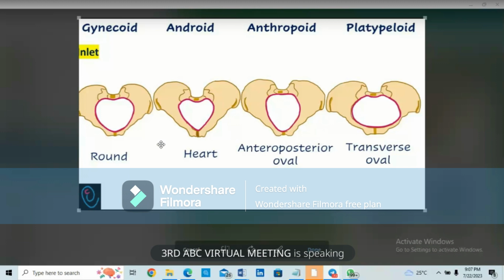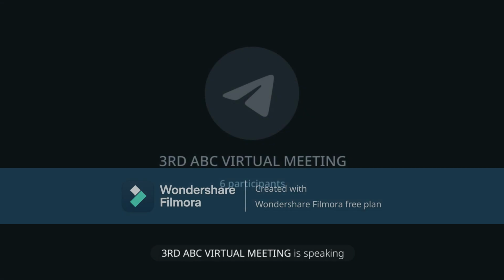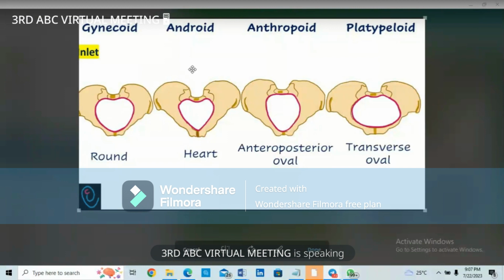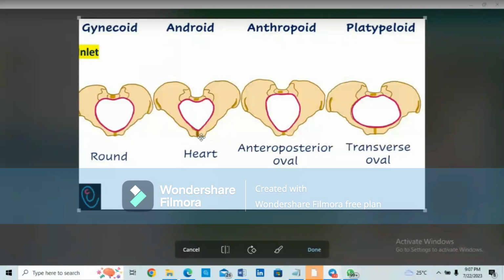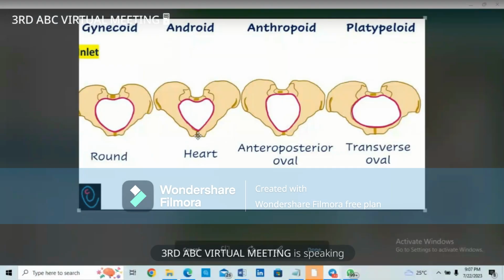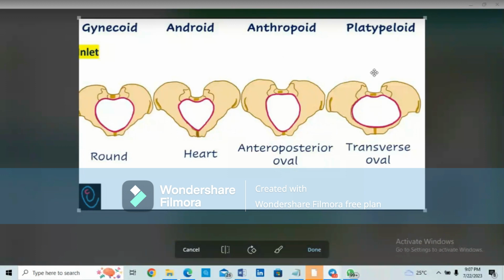Those forensic anthropologists go to the scene, get these skeletal remains, and put them together into a model, and then they check the shape of the pelvic inlet. From the shape, they can determine if that person is a male or a female. So for those who are going into that area, it's very important that you know this. So that's the importance of knowing these types of pelvis. That's one clinical importance of knowing your pelvis.